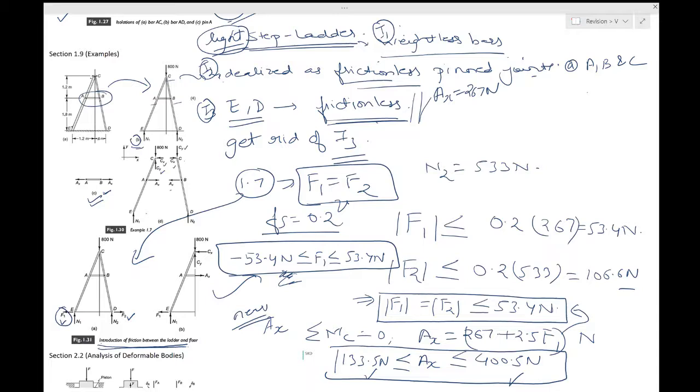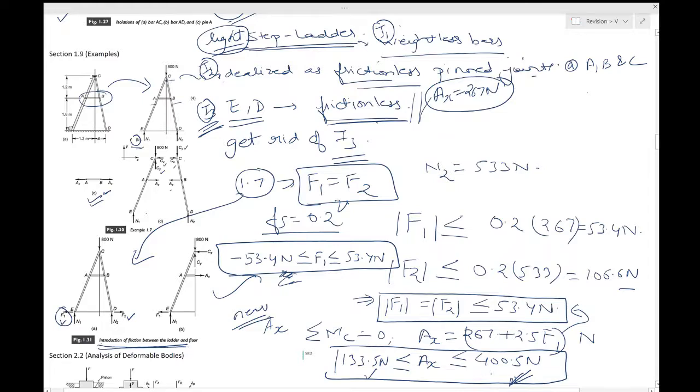Now see how much it compares. If you did take I3, you were getting AX as 267 newtons. If you got rid of this idealization I3, you have got AX, which is at maximum almost twice. It was quite a big number, 267 versus 400. I mean, less than twice, but you have a big number over here.